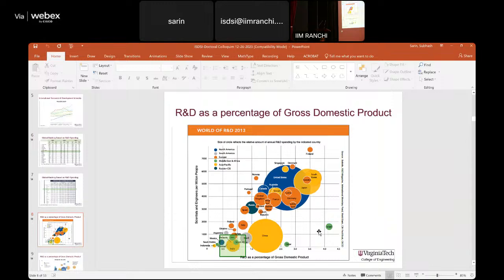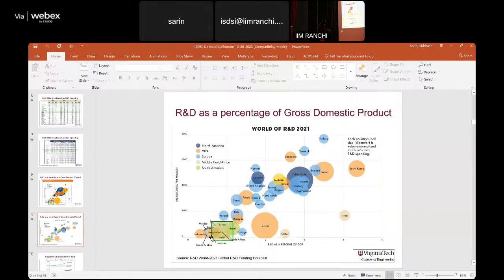And once again, India is somewhere here, that means the research intensity is pretty low, and the number of people working in science and engineering is very small. And China is somewhere here. They have a lot of budget, but still the number of people working is relatively not that much.